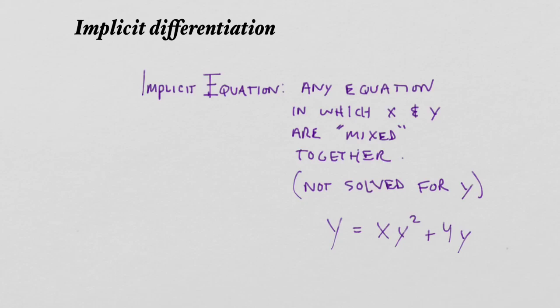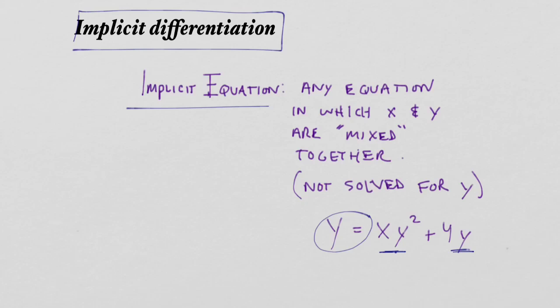Even though this says y equals, this is not explicit because y is still showing up on the other side of the equation. It's all garbled up. So anytime you've got that going on, you have an implicit equation, and whenever you have an implicit equation, you need to use implicit differentiation in order to find the derivative.